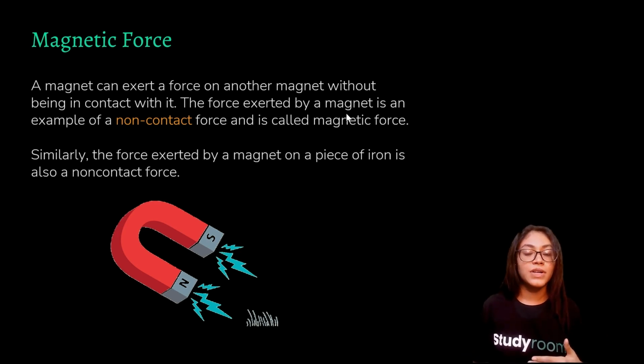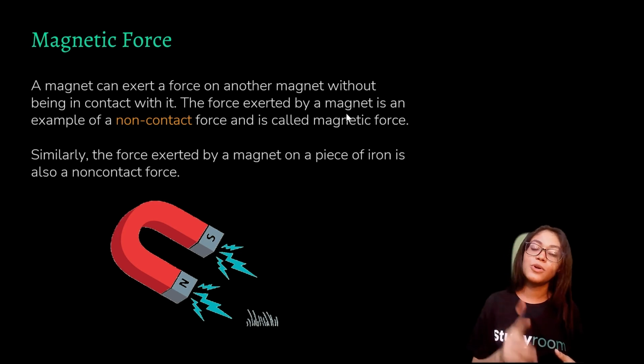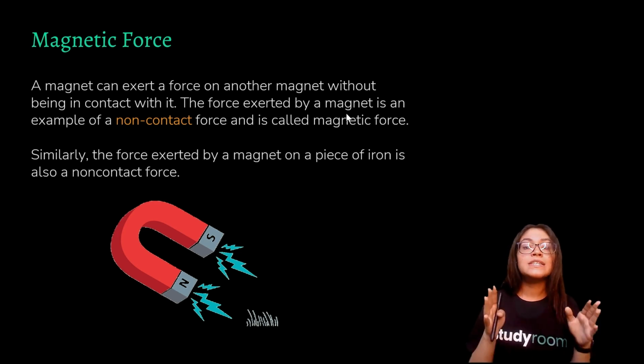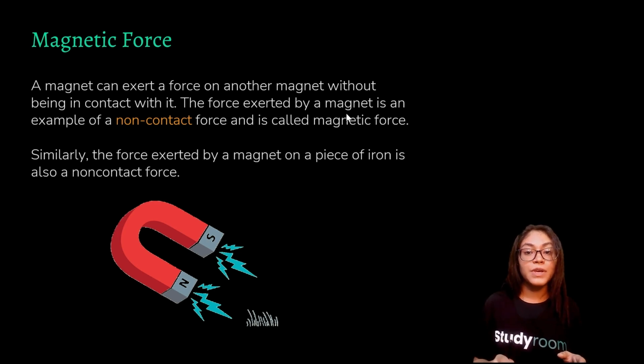So the force exerted by a magnet is an example of non-contact force because there is no point of contact between the two magnets. Similarly, the force exerted by a magnet on a piece of iron is also a non-contact force because again there is no point of contact. Still, the iron piece gets attracted to the magnet.